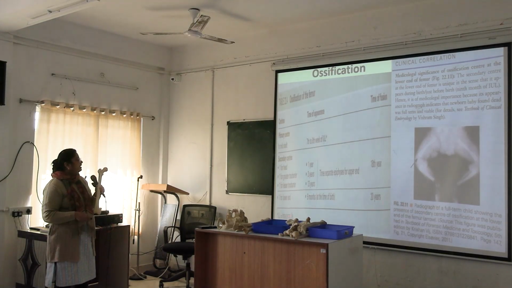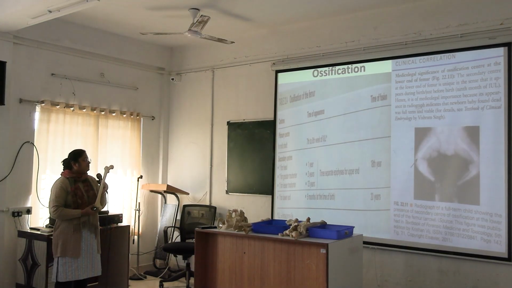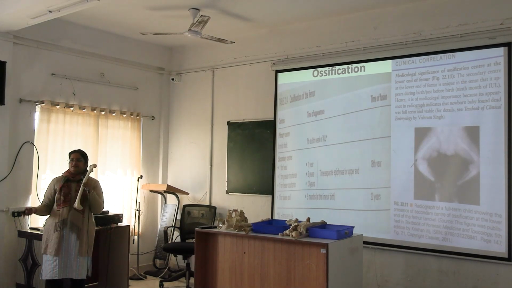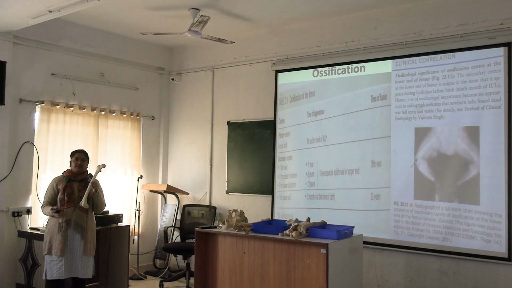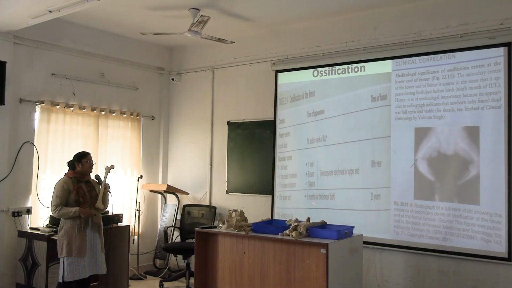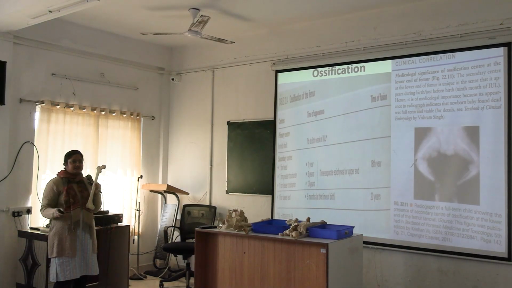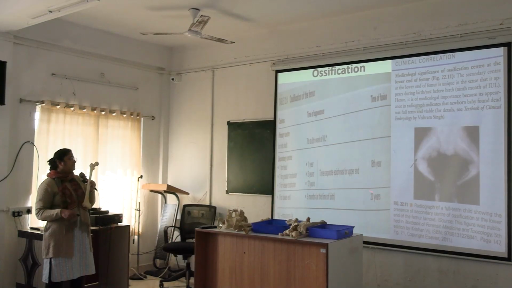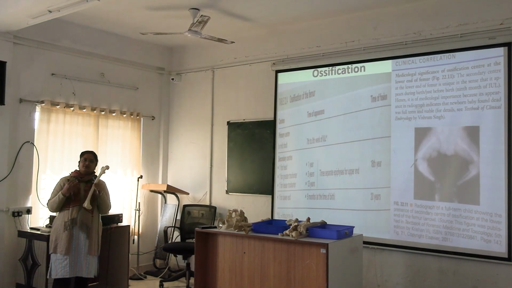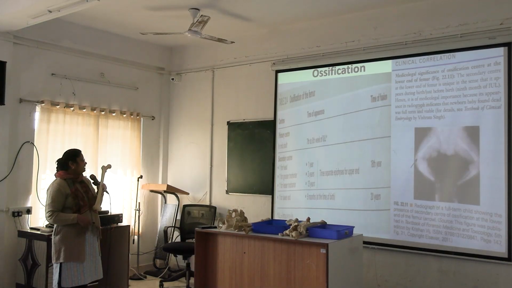And for the lower end, the epiphysis appears at 9 months of intrauterine age, that is just before birth of the child. It has a clinical significance, and it fuses with the shaft at 20 years. So the lower end will be the growing end of the femur.